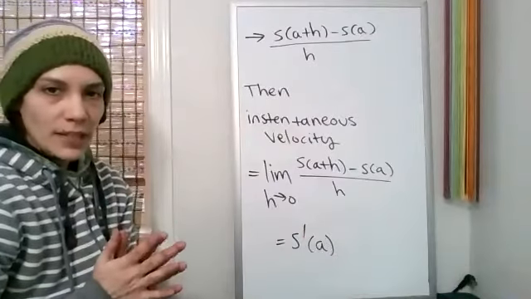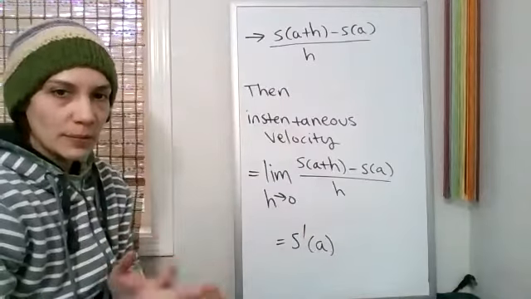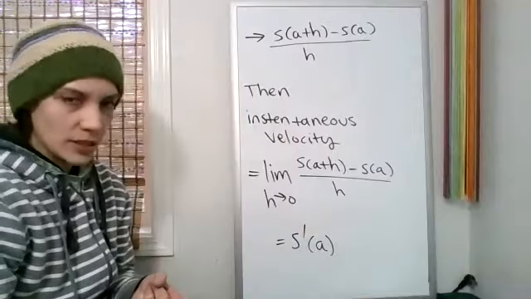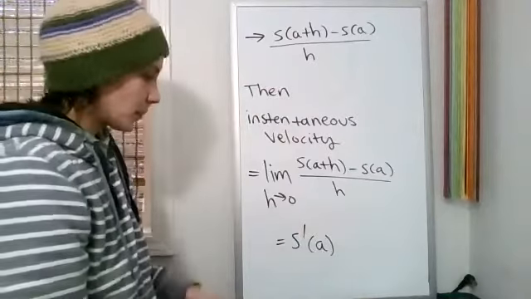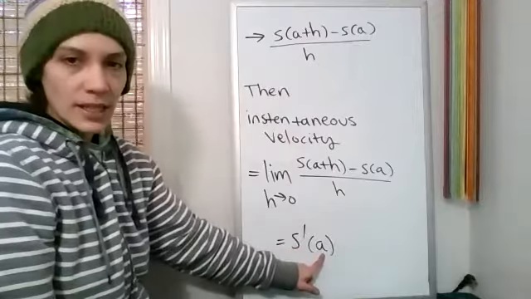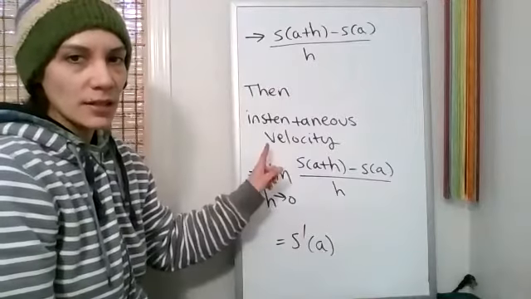All right, so kind of a summary of what we just talked about. S of t is a position function, and then we're going to have a S prime of t, and we call it the velocity function.